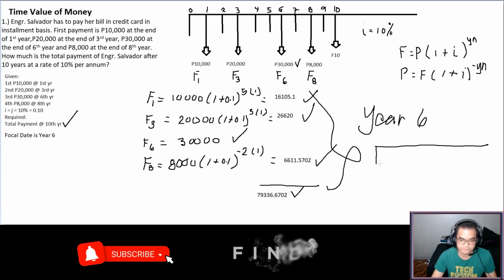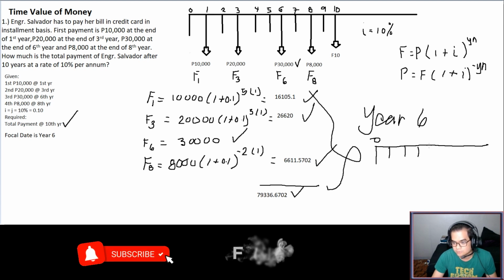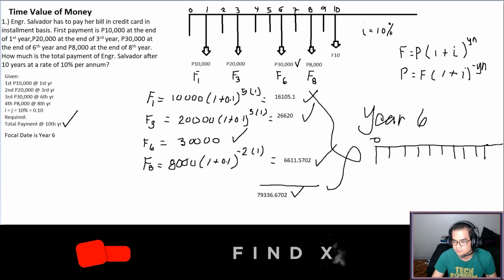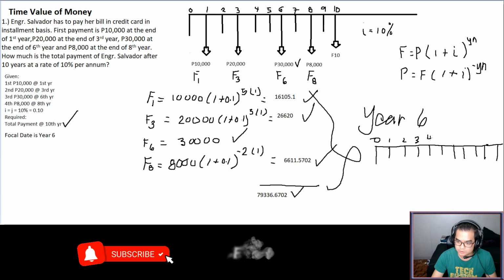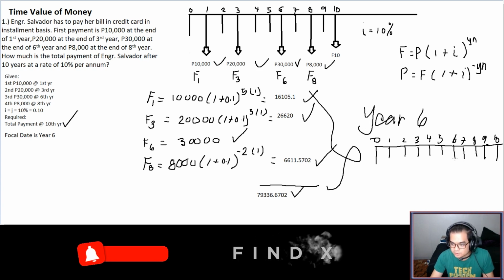Let's say this is year 0, year 1, year 2, year 3, 4, 5, 6, 7, 8, 9, 10. All of these payments, the 10,000, 20,000, 30,000, and 8,000, are at the 6th year.